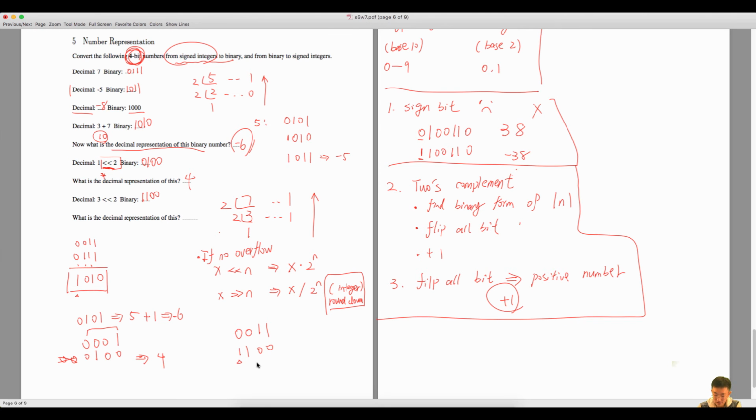To find this number, we're going to flip everything, so 0, 0, 1, 1, which gives us 3. We're going to add 1 on there, which gives us 4. And it's negative, so this will give us -4, which is not what we expected. That is 3 times 4 equals 12. And the reason is, again, you overflow the integer.